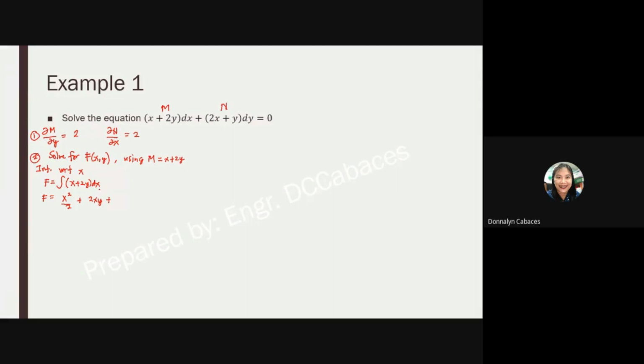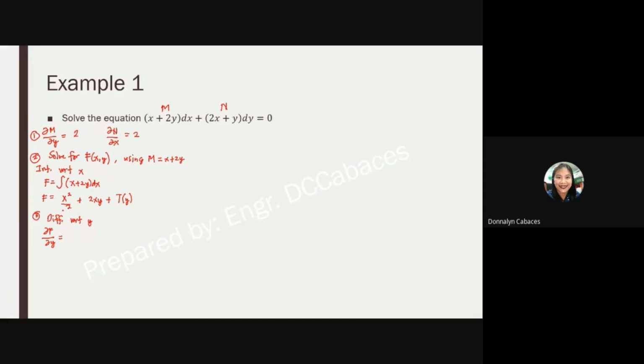Since it is with respect to x, we will have y as constant. Therefore, we have t as a function of y. Then the third step is you differentiate with respect to y to find your t prime of y. So the partial derivative of f with respect to y is equal to what? Now x is held constant.